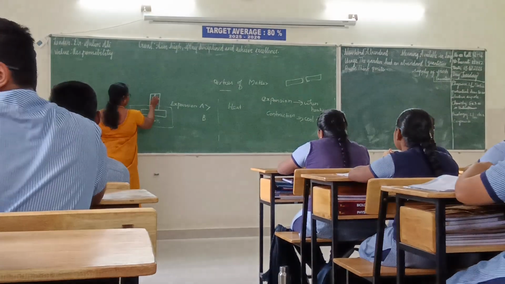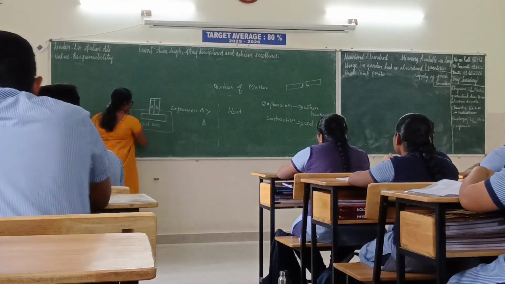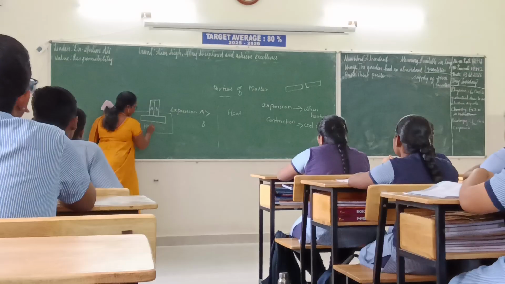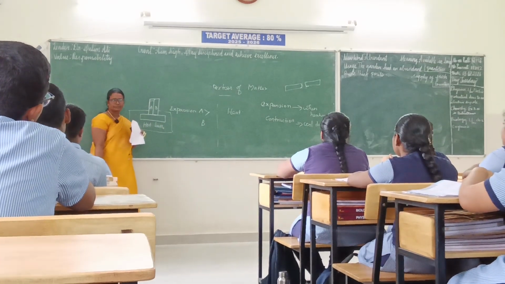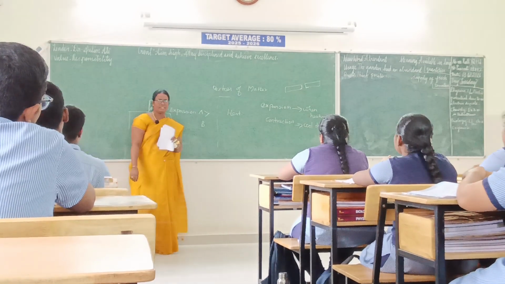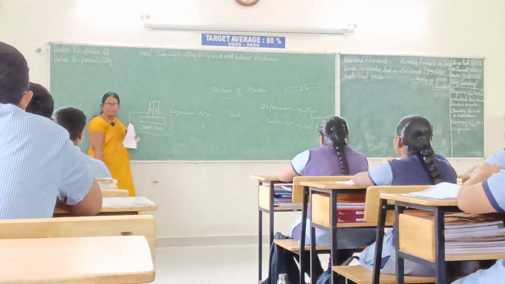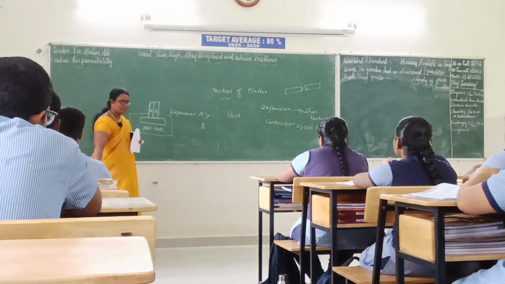Suppose this is immersed in a hot bath, what will happen? A will expand more than B, isn't it? Because A's expansion coefficient is higher than B's. Okay, is it clear? Are you able to understand?